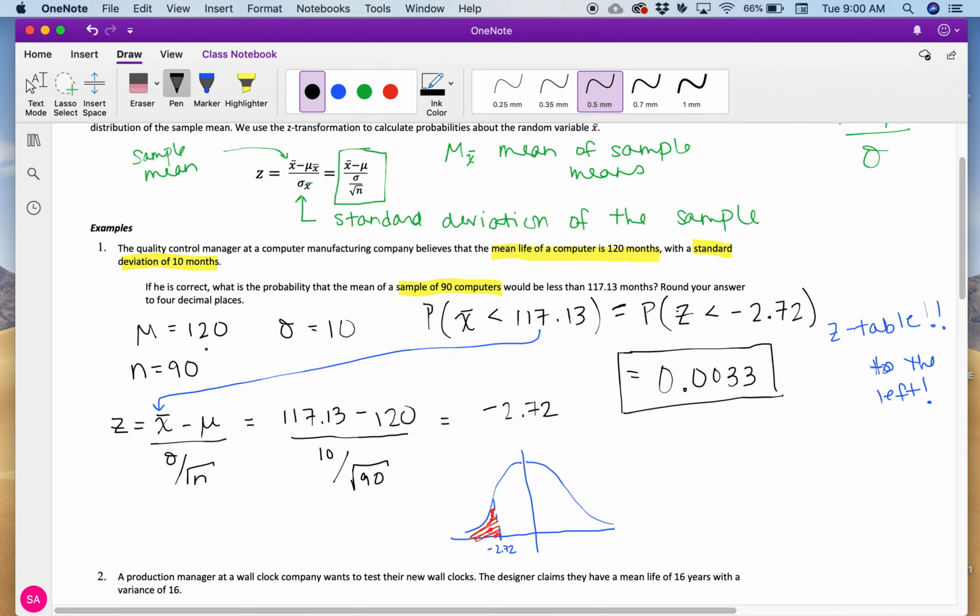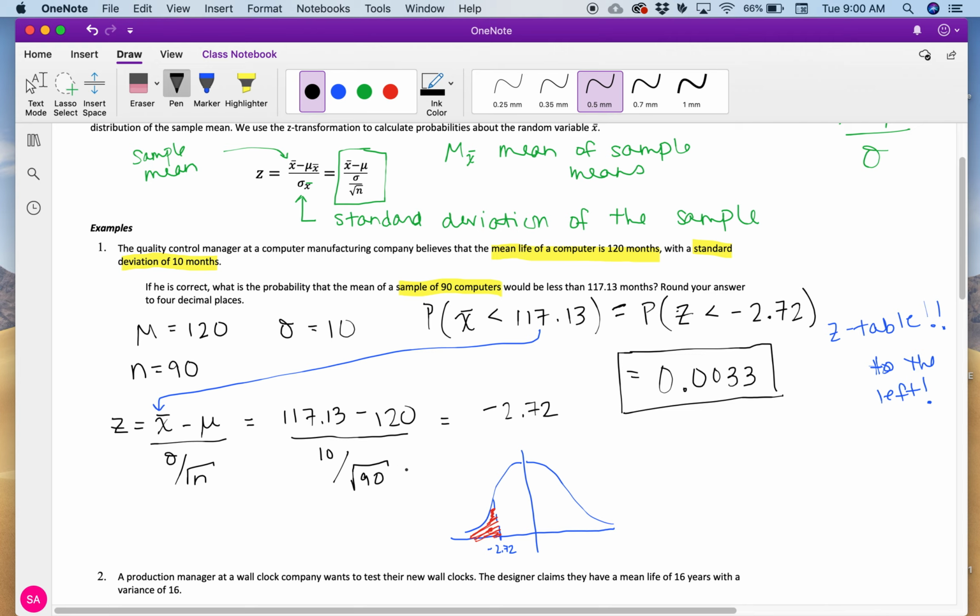Just to reiterate how you want to do these problems: start by picking out your information. You're going to be given a population mean, population standard deviation, perhaps a variance. We'll have a similar problem where we discuss what happens in that case. Then the sample size. Then they're going to ask you to find a probability. Write that out, then plug all your information into the z formula that fits with the sampling distribution for the sample mean.